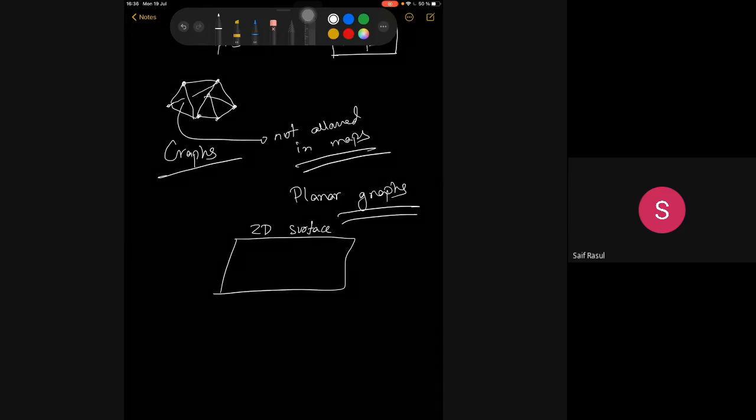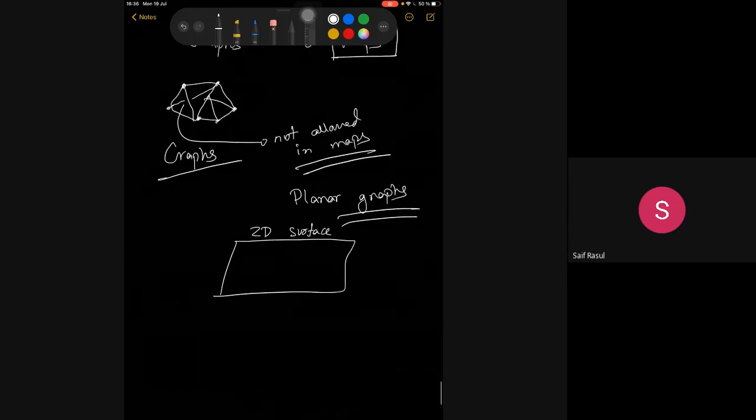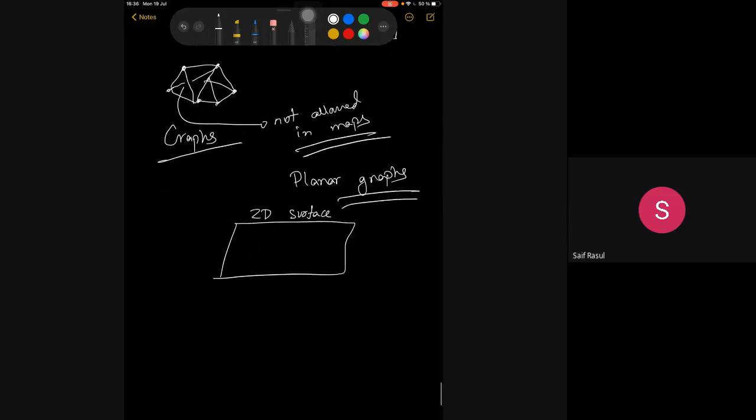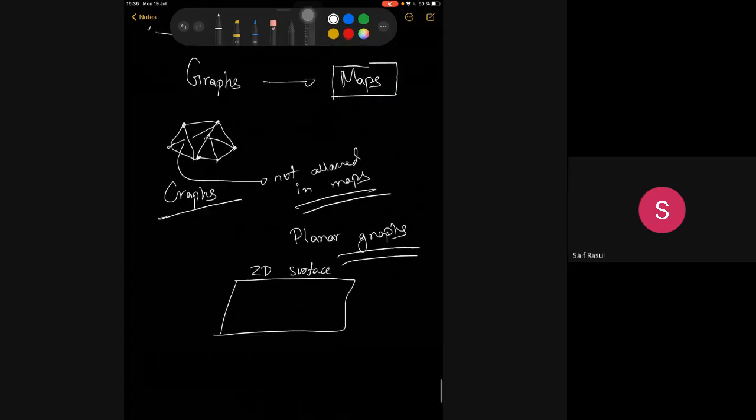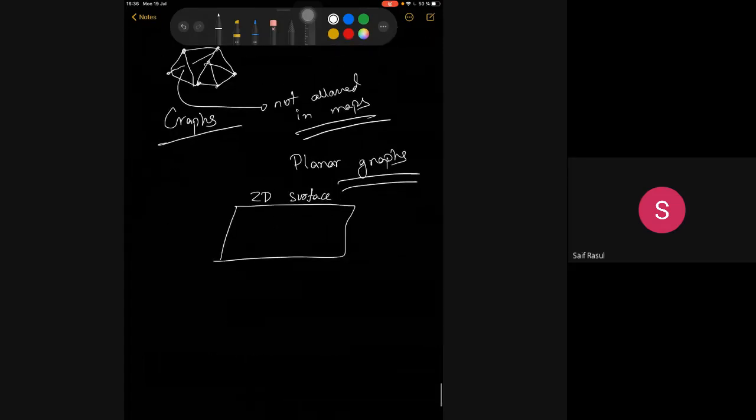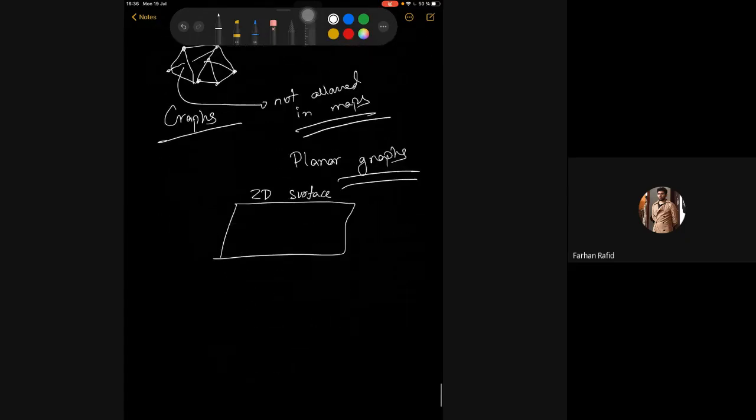But one problem we face in the case of graphs is that they don't have a notion of what is near and what is far. What do I mean by that? They don't have a notion of distance from one point to another. Let's say the vertices are indistinguishable.